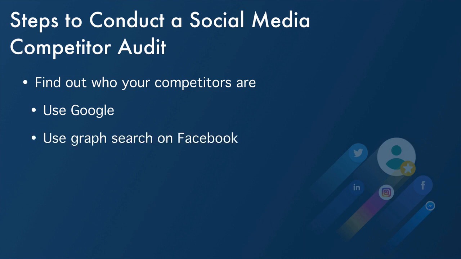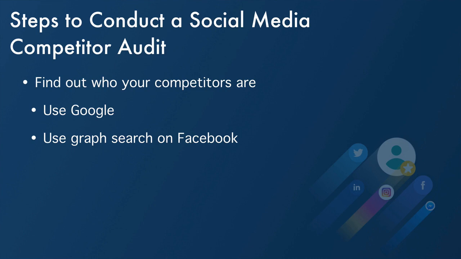Very similar to Google, use graph search on Facebook also. This will unearth a few other websites which might be doing pretty well on social media but might not be focusing on the organic part of the business, because it might also be the case that investing too much on SEO might not be a very good thing for your particular industry, and investing it on social media might be much easier.